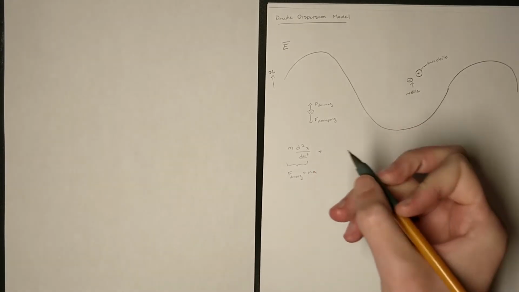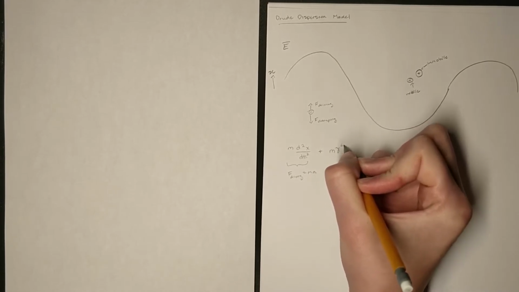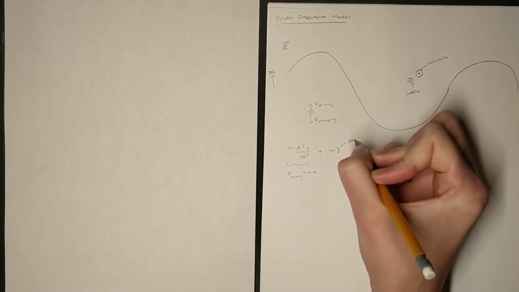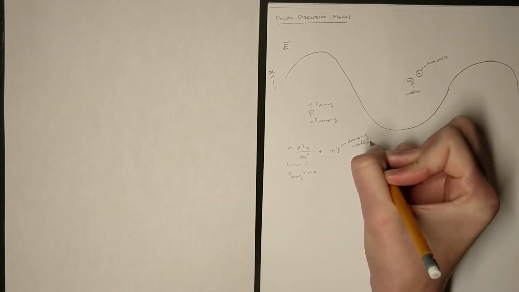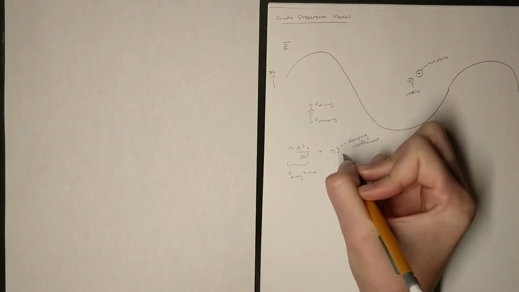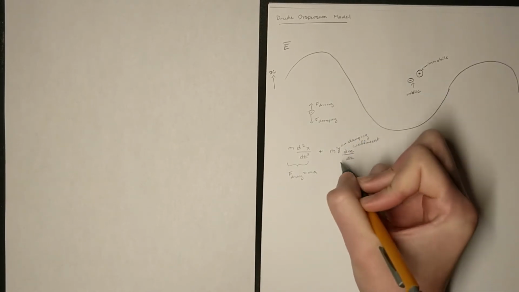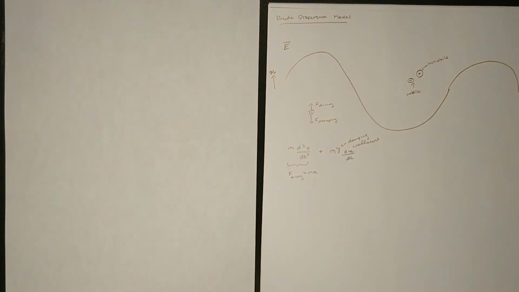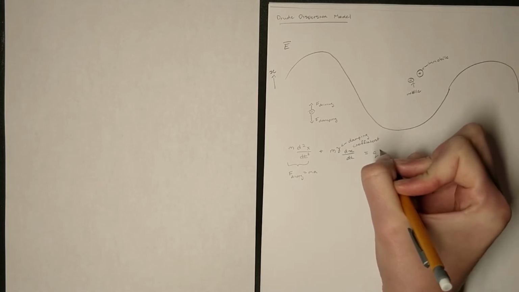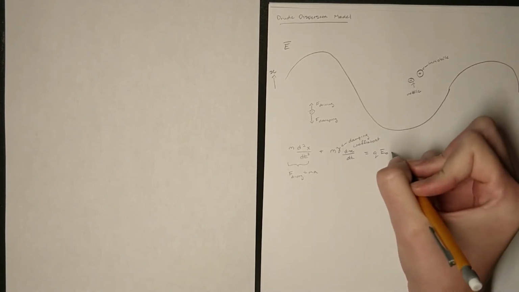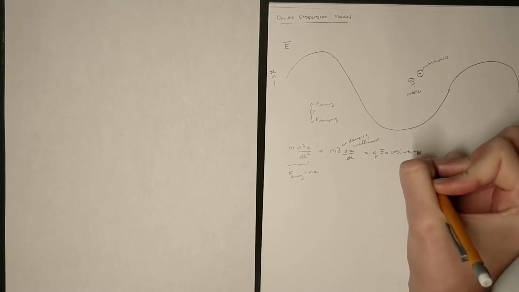And we will add the damping force as m times gamma, our damping coefficient, times the derivative of position with respect to time, as this is our velocity. And that will be equal to q E naught cosine omega t plus phi.